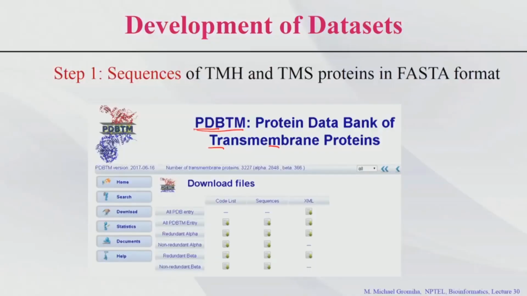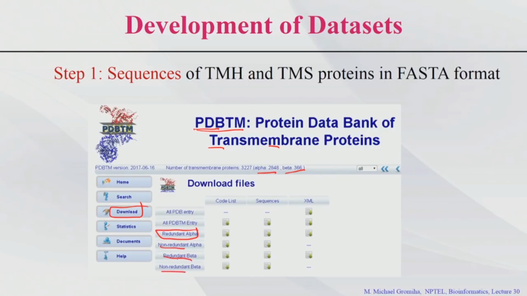They also have the option to download non-redundant data sets for the sequences as well as the structures. Currently, there are about 3000 alpha and about 300 beta barrel proteins. If you go to the download option, you can get the redundant alpha and non-redundant alpha, also the redundant beta and non-redundant beta.